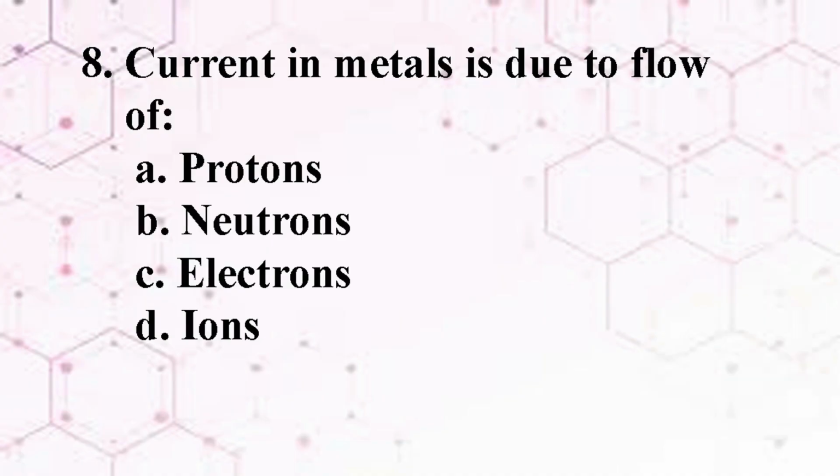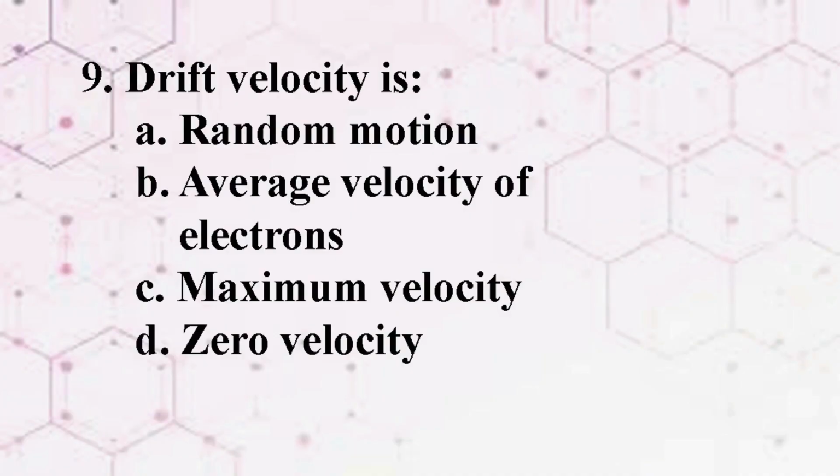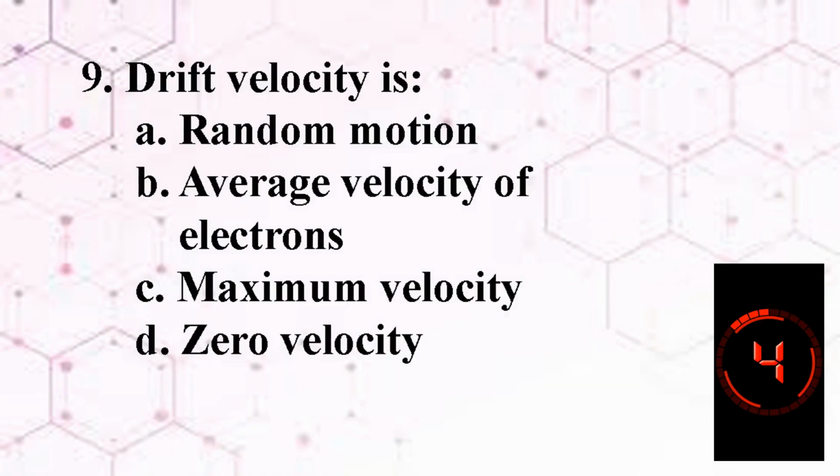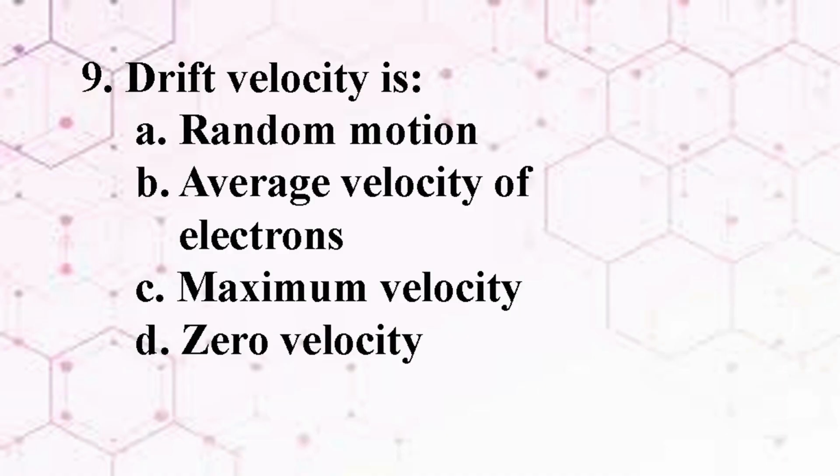The correct answer is C electrons. Question number 9. Drift velocity is A random motion, B average velocity of electron, C maximum velocity, D zero velocity. The correct answer is B average velocity of electrons.